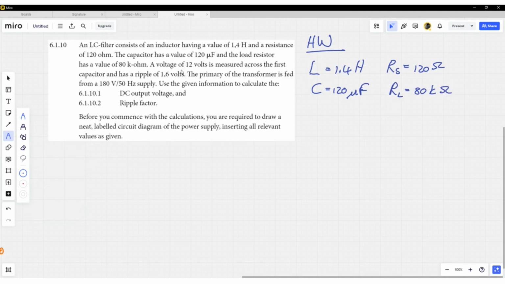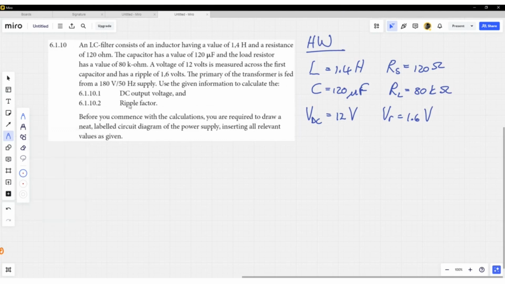And a voltage of 12 volts is then measured across the first capacitor. So that's actually our original VDC. And we have an original ripple of 6 volts. Then our primary voltage is a 180 volts, 50 hertz supply. We're not really going to care about that in our calculations here.